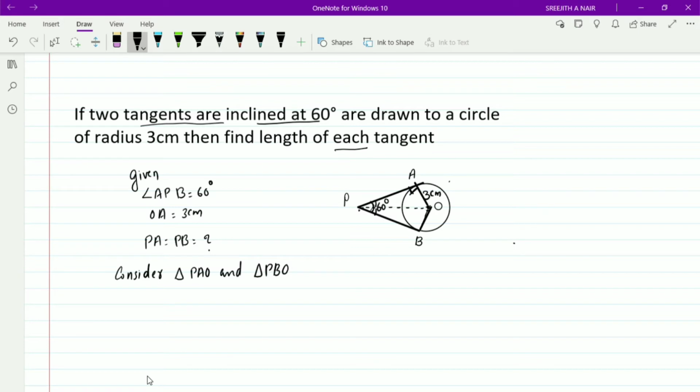For proving congruency, we need three equalities. First, PA is equal to PB, because tangents drawn from an external point to a circle are equal in length. We must write the reason.